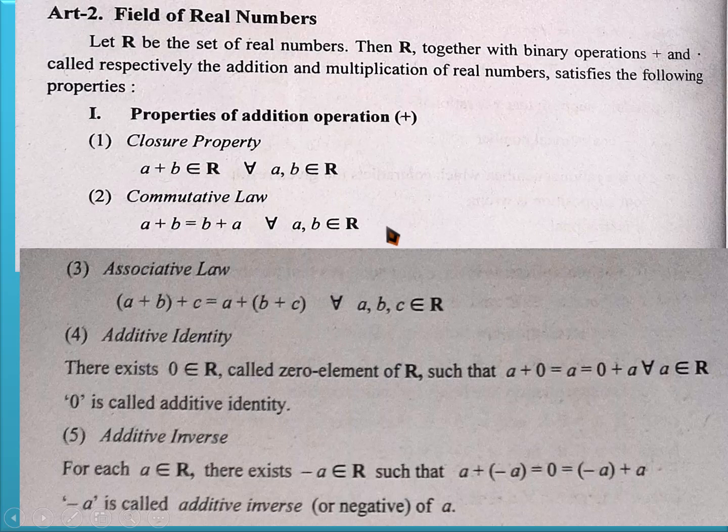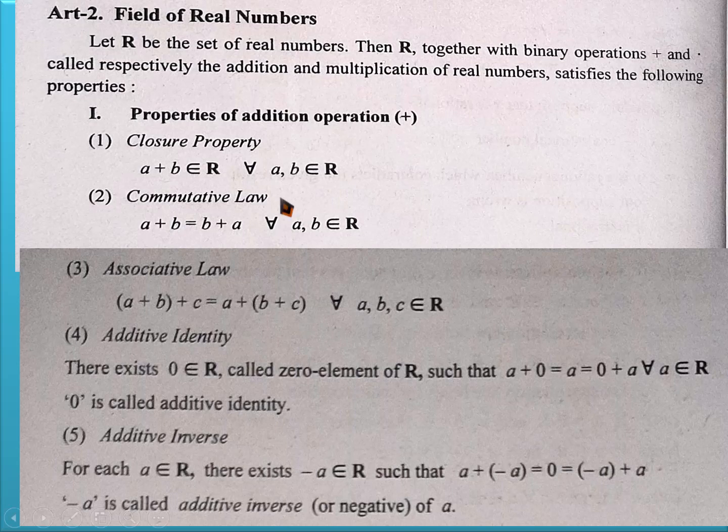And so on. -3, -2, -1, 0, 1, 2, 3, and so on. All these numbers are known as integers.